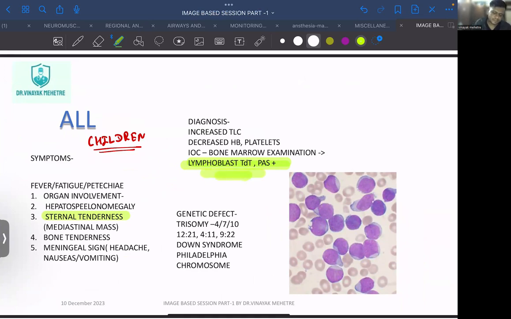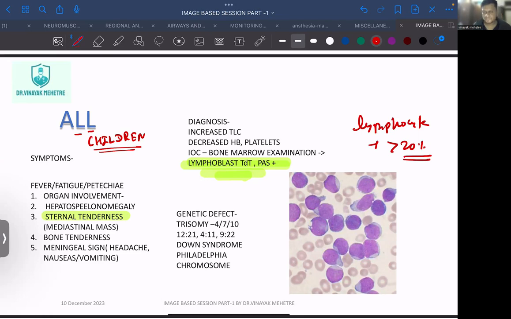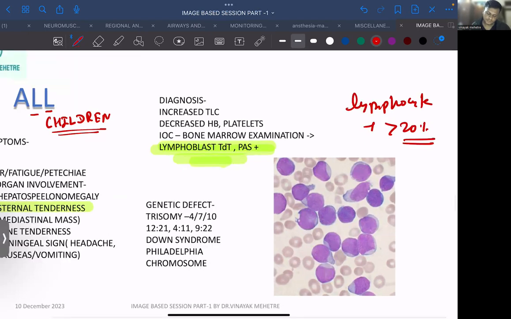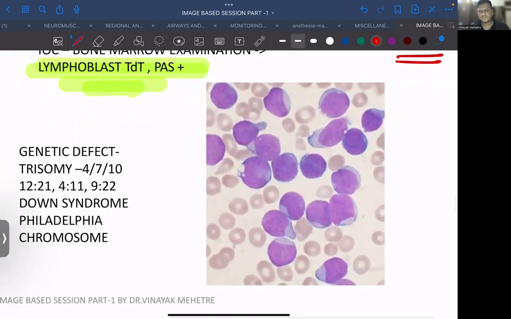So lymphocyte कितने बढ़ते हैं ALL में, lymphoblast है, right? तो lymphocytes will increase more than 20%, okay, more than 20%, ठीक है.